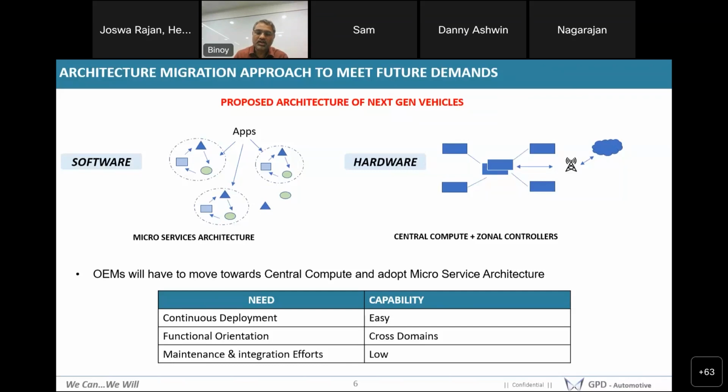Everybody talks about how when you go to EV, you have more software, more electronics. We have to understand it from a different perspective. If you think about it, EV is just another powertrain. Instead of an ICE engine, you put a battery and a motor. But when you do that in a car, you will end up re-architecting it.